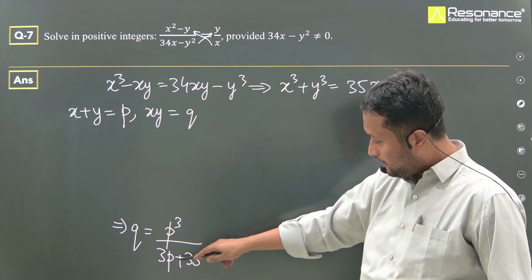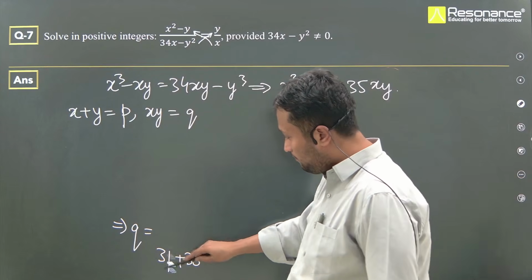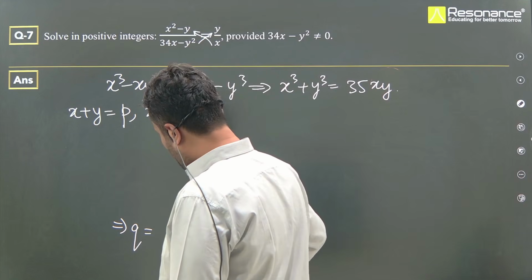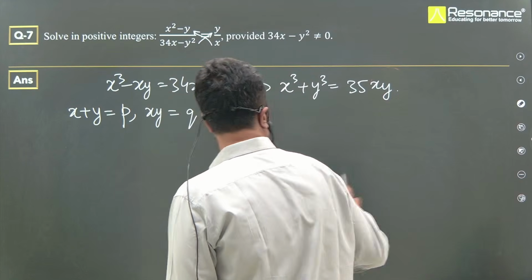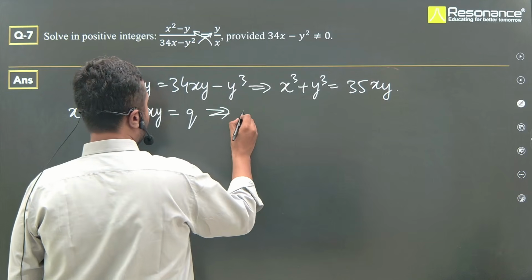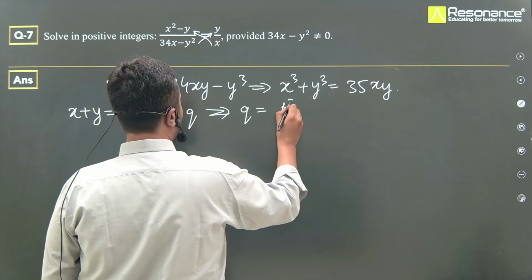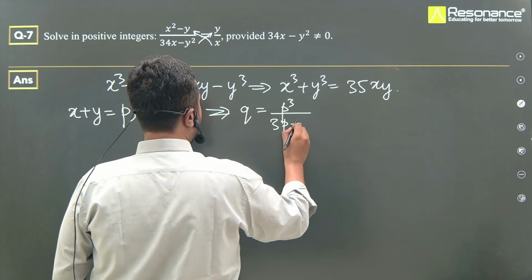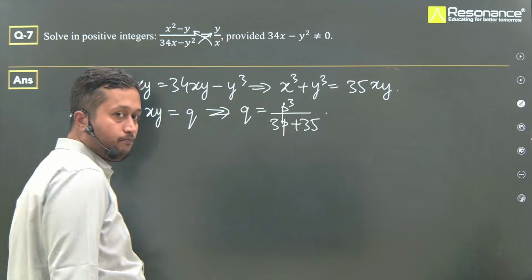P cube, that's easy to remember. 3p plus 35. Okay. So q is equal to p cube by 3p plus 35, right?